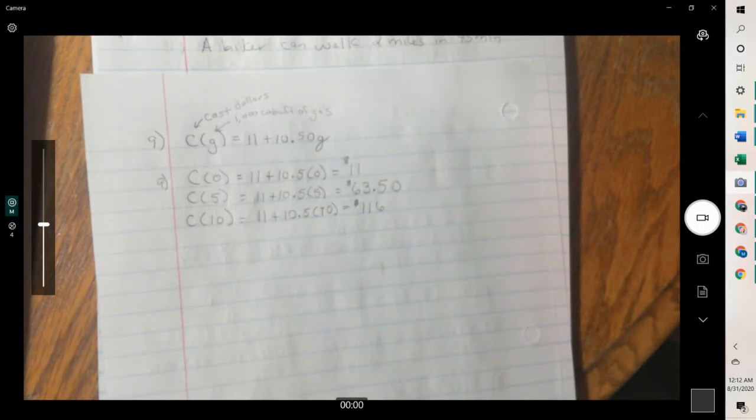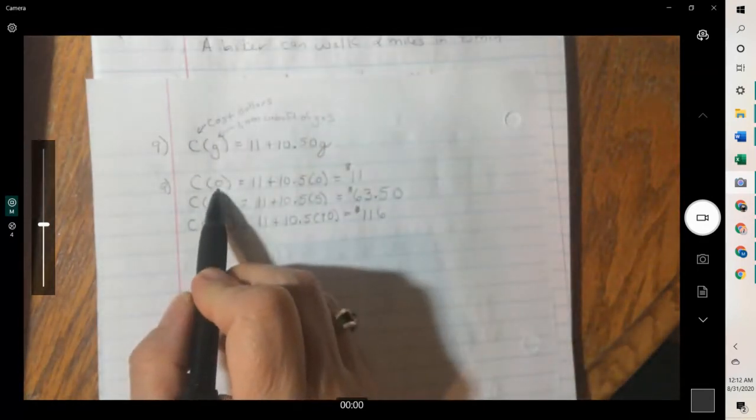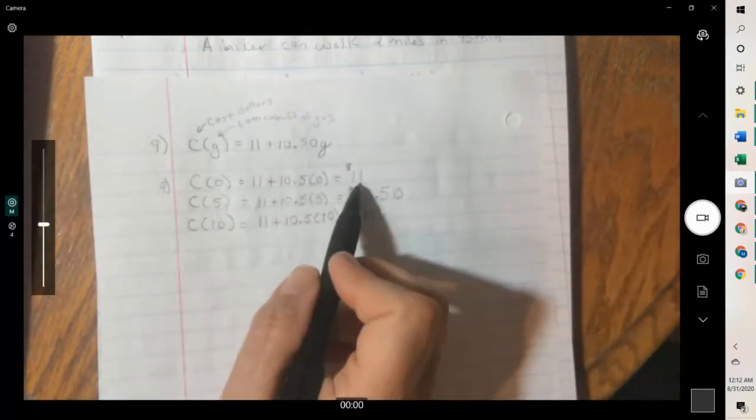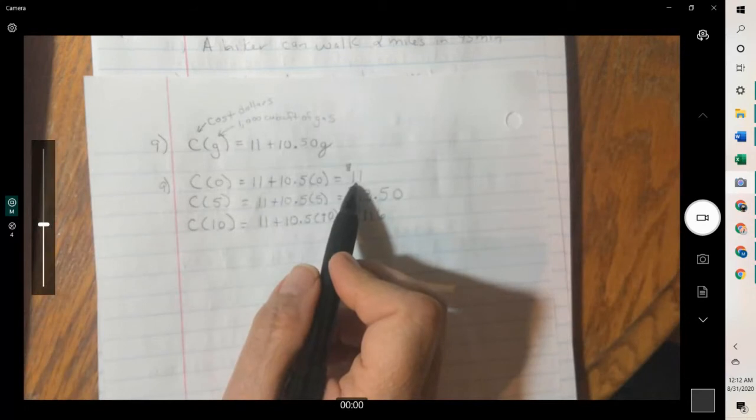What is the cost if the consumer uses no gas? Well, the cost if they use no gas, that's when gas is 0, which would be $11. So the cost if they use no gas would be $11.